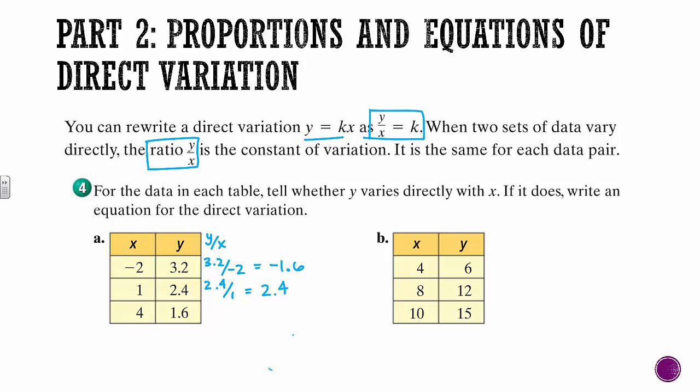This next one, 1.6 divided by 4, gives us 0.4. These are not the same. So that means that even though there might be a relationship there, they do not vary directly, so we can't come up with an equation that looks like y equals kx. So y does not vary directly with x.